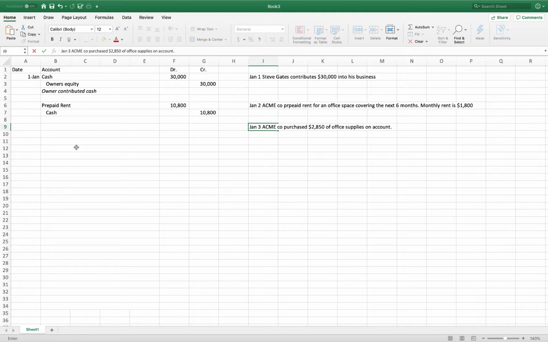Remember, we said that an accounts payable means that we got something, we owe somebody money in the future, right? In this case, we got office supplies, but we're going to pay our supplier sometime in the future.